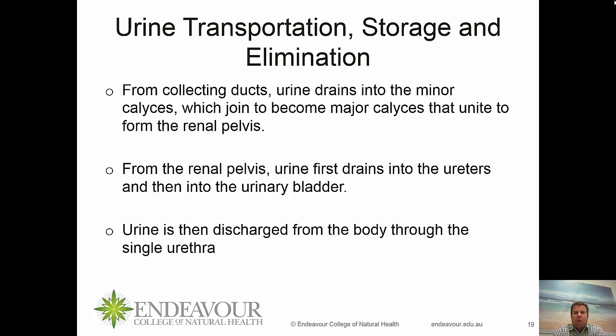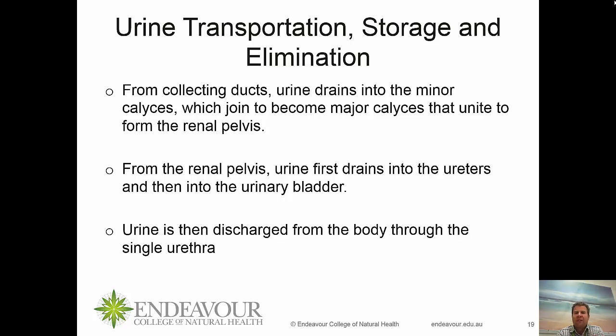So as we've been talking about the kidney for so long, we've really talked and finished talking about the collecting ducts as if that's where everything finishes with the nephron, and essentially that's true. So once we've gone through the proximal convoluted tubule, the loop of Henle, the distal convoluted tubule, and then once that fluid's gone down the collecting duct, there isn't anything done to that fluid in terms of reabsorbing any more water or electrolytes.